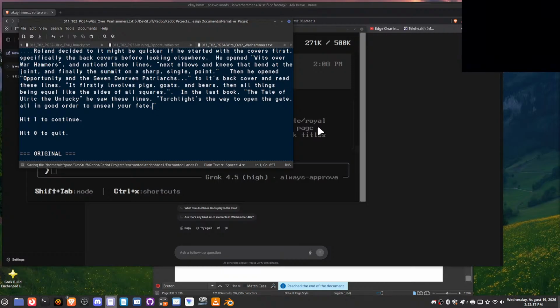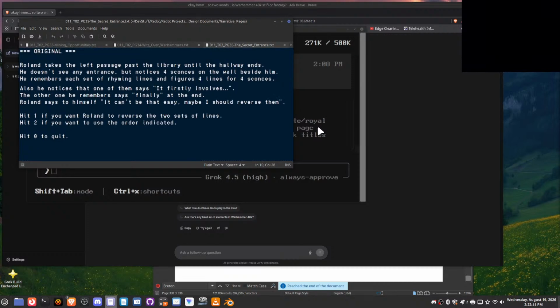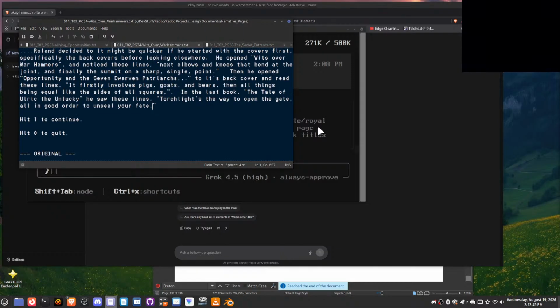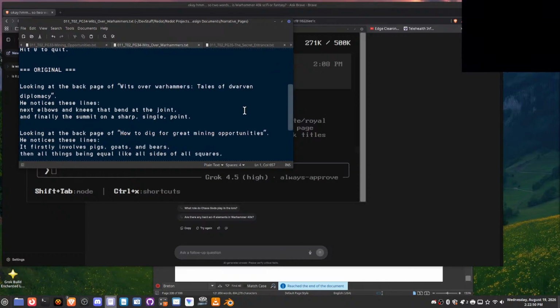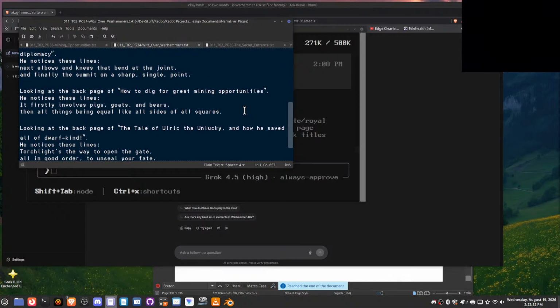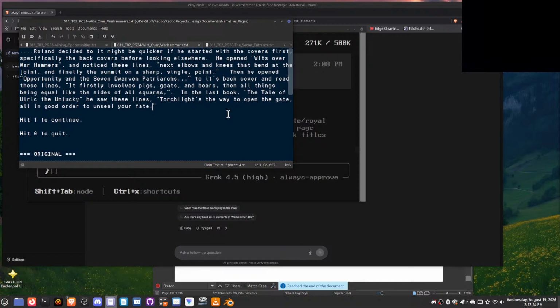Okay. So that works. Shift tab. Nope. Tab. So Warhammers, Opportunities, Orc.